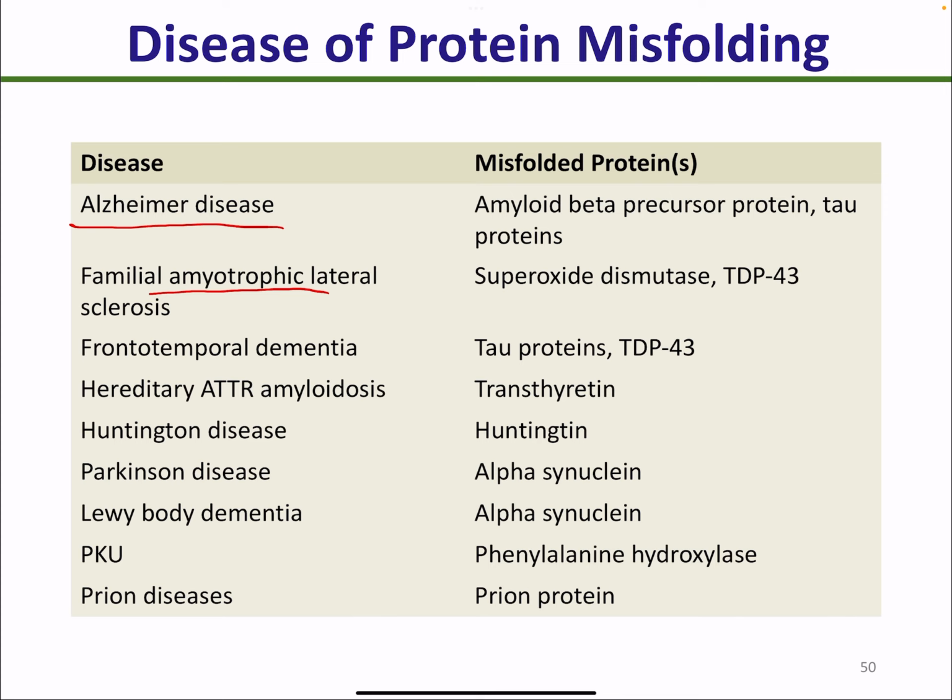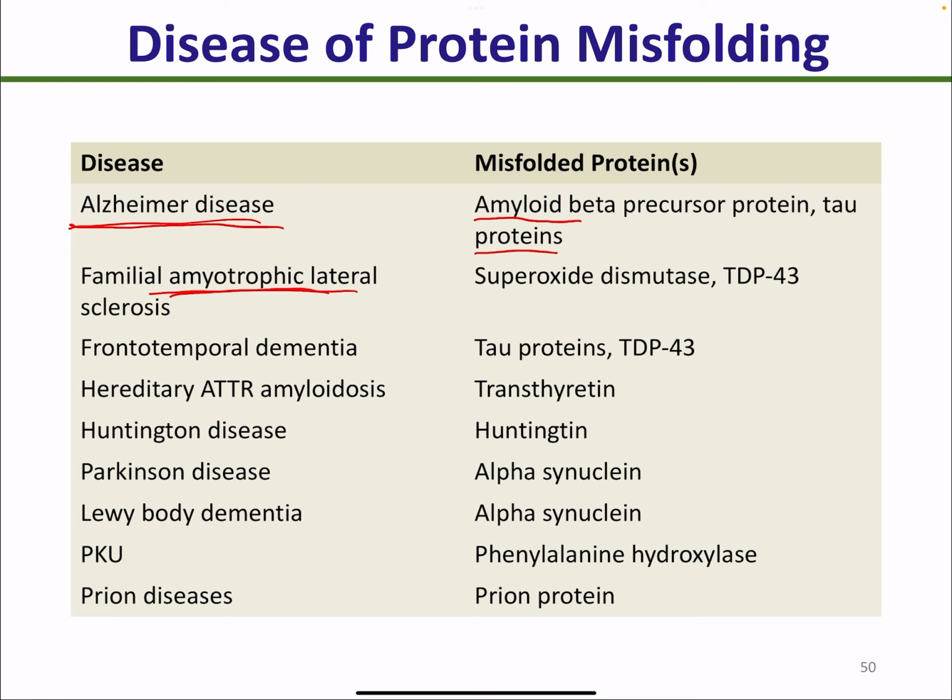Well, let me tell you, in Alzheimer disease, a protein called tau protein and the amyloid beta precursor proteins, when they are misfolded, cause Alzheimer. The familial amyotrophic lateral sclerosis is a neurodegenerative disease where the nerves have a hard time controlling muscles, right?